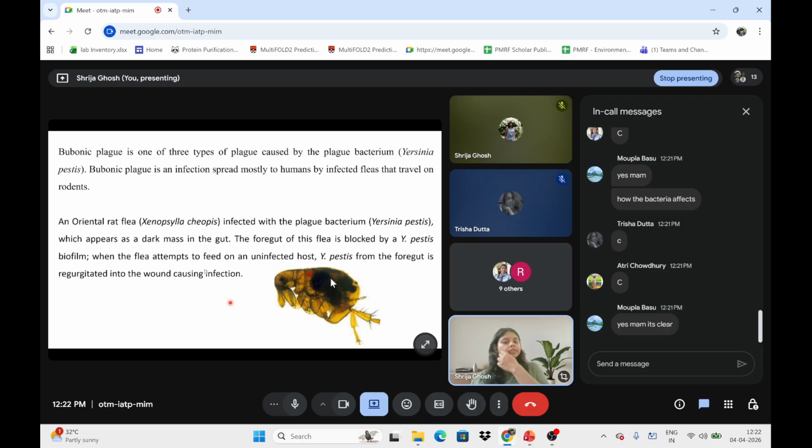So these bacteria, Yersinia pestis, will travel from the gut of these fleas and enter the rat's body through the bite.